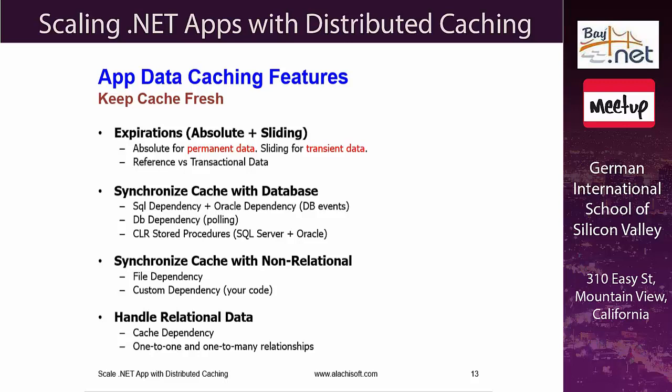Fourth is, if you have relational data, it has one-to-one, one-to-many type of relationships. Often, if you have these objects stored separately in the cache, let's say you have a one-side object customer with multiple orders, so all of them are stored in the cache. Although you normally don't delete a customer, let's say that you deleted the one side from the cache, the many side should also be removed from the cache.